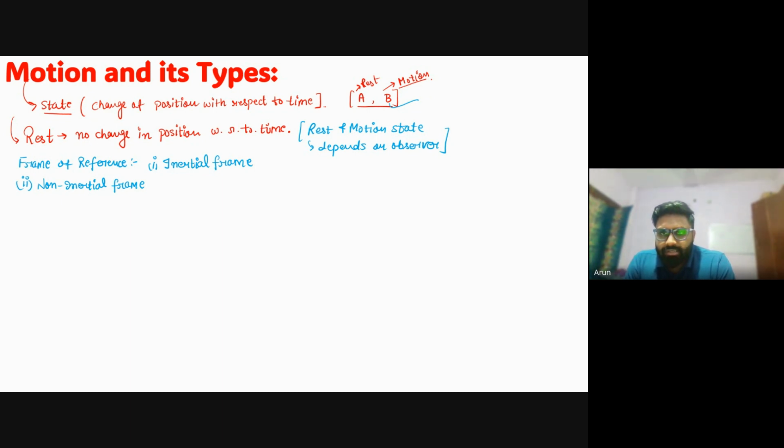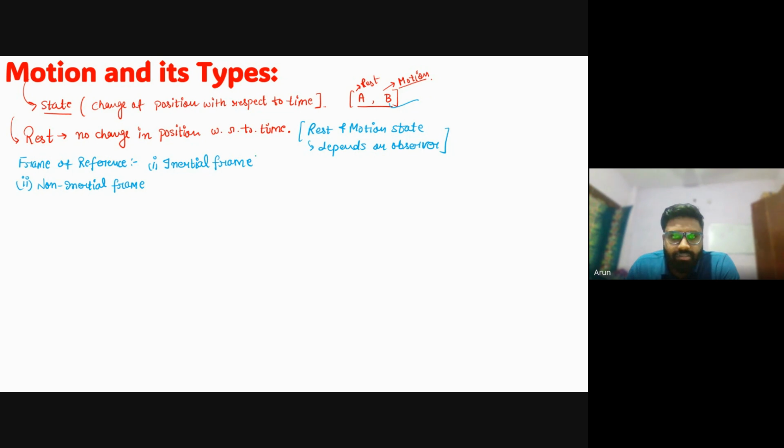So we need to fix the observer, and for that we have two types of frame of reference. First is the inertial frame, and the observer can stand on an inertial frame or on a non-inertial frame. Now, what is an inertial frame?